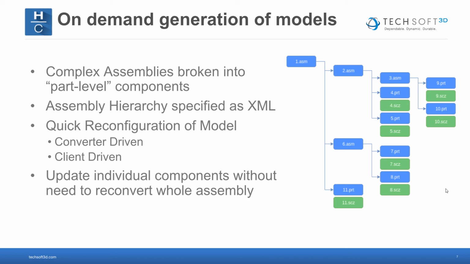So moving this around in the scene wouldn't require a reconversion of the entire assembly, which if it was hundreds or even thousands of parts would take a long time. You can see here that this workflow provides the flexibility we need to update parts quickly without having to pay the cost of reconverting the entire assembly.